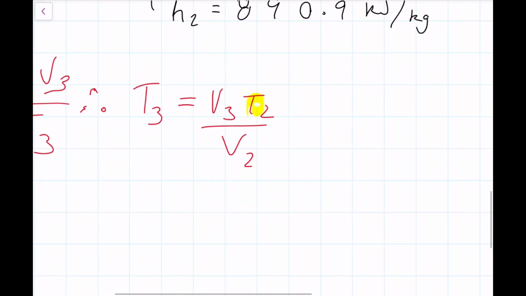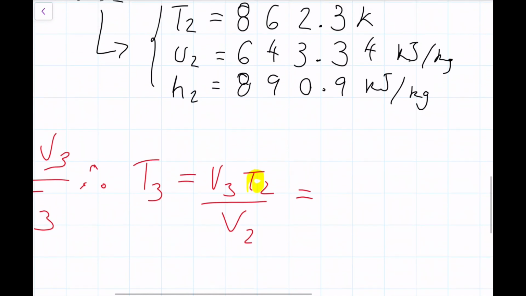So we can simply do, this guy here is going to be our T2 that we just found. Let's just do this so we can see what, there you go. All right, so that's going to be our 862.3. And that's V3 over V2, so that's just times 2.